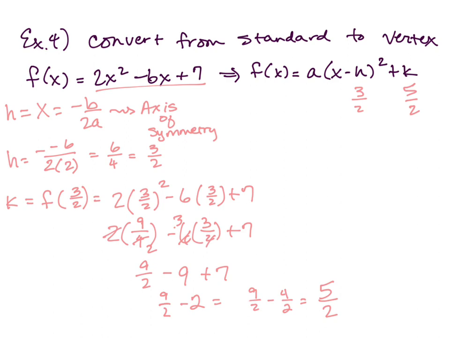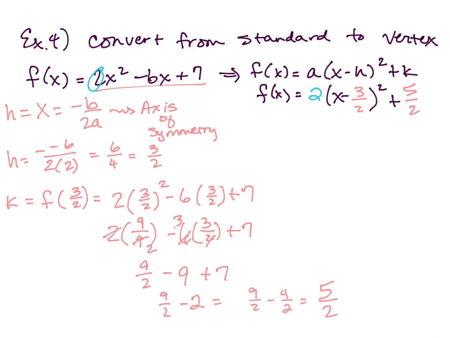I'm telling y'all, this was a revelation for me, when I realized that number 2 right here is the same A value here. So if we're going to finish writing this function, we've got f of x equals 2 times x minus 3 halves squared plus 5 halves.